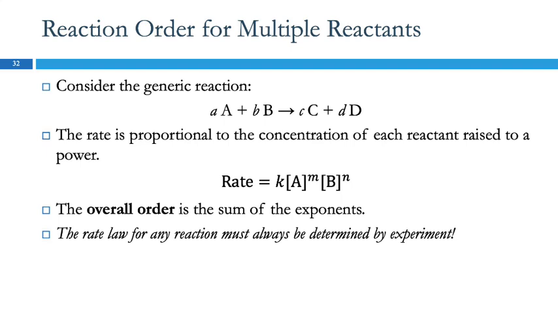In fact, most of the time they're different. So m could be 1 and n could be 2, or there are so many combinations. We can talk about the overall order for this reaction, and that's the sum of the exponents. So that would be m plus n. That's the overall order.